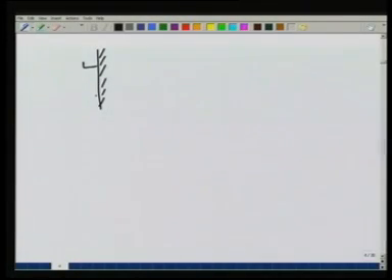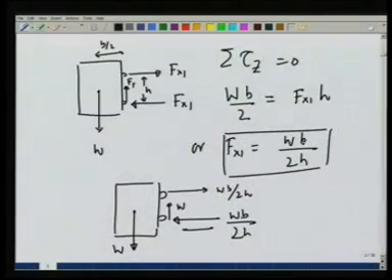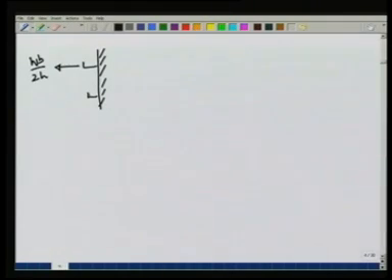How about the supports themselves? If I look at the support, this is the wall, this is one support, this is the other support. This support, the upper support, is pulling the gate in by a force Fx1, which is W b over 2h, and therefore, the gate must be pulling by Newton's third law the support in this direction with W b over 2h. Similarly, on the lower support, the gate is being pushed this way.